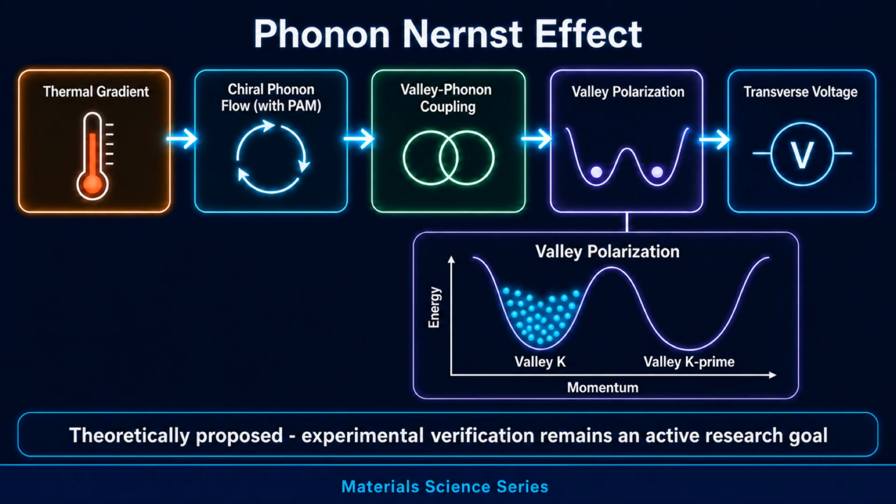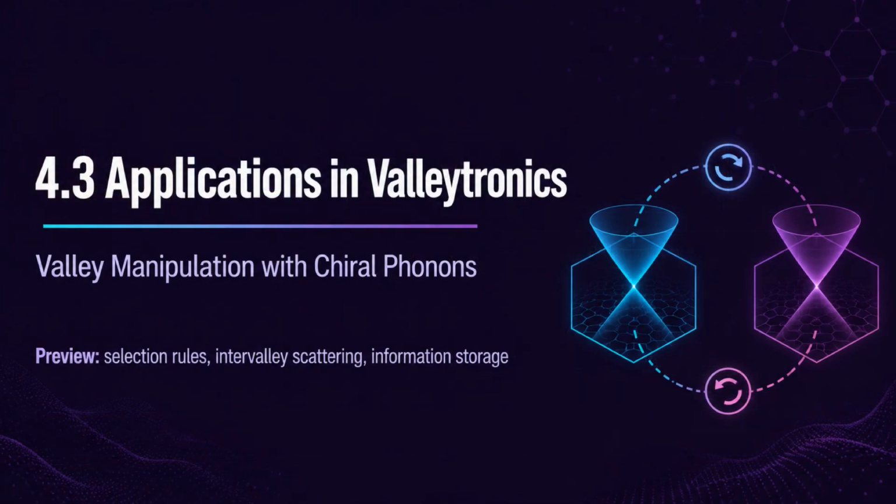While this provides an intriguing concept for electrical readout of phonon angular momentum transport, experimental verification remains an active research goal. Let's now explore applications of chiral phonons in valleytronics, including valley manipulation, intervalley scattering control, and valley information storage.